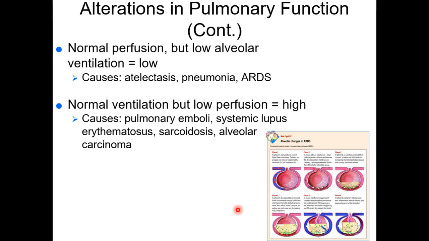Whereas here is a capillary bed that is not perfused around a very well ventilated alveolus. And are you getting any blood from that? Nope. You just haven't met your capabilities.